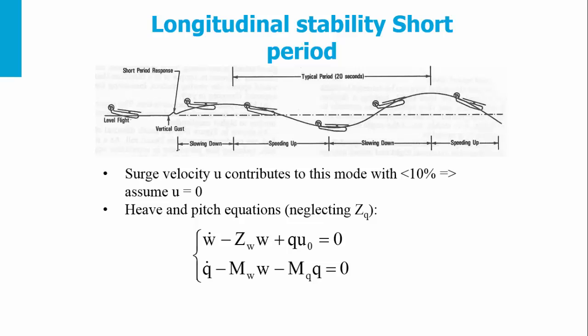Because, as I said, the flapping motion is usually stabilizing the helicopter motion. Usually, the surge velocity u contributes to this mode with less than 10%, so it can be assumed 0. Therefore, if you consider the heave and the pitch equations, you can find the eigenvalues of the short period mode.